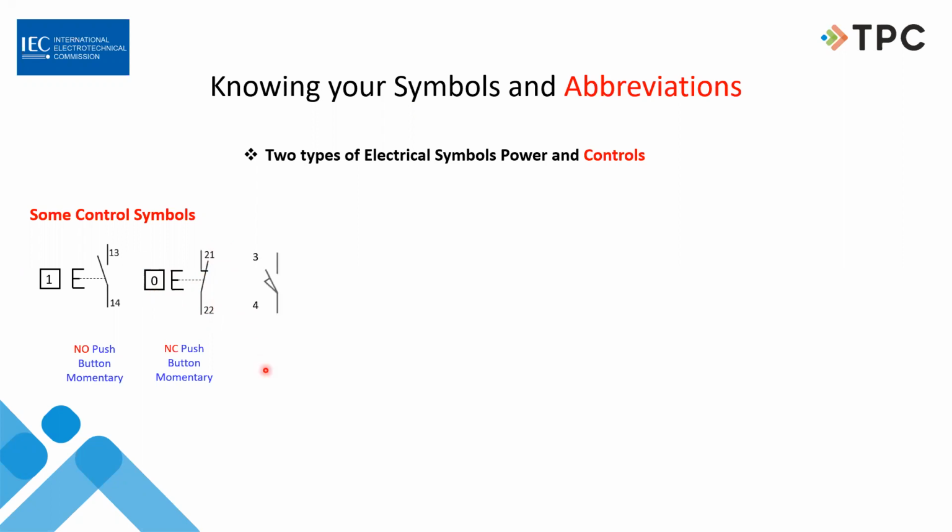And here is just a contact. Or excuse me, this is a limit switch. And I know it's a limit switch because of this little wedge that's on here. I know that something's going to push it closed. So I know it's normally open. And there's that 3 and 4. Remember we talked about 3 and 4 over here being open? Well, 3 and 4 mean this is normally open. Okay, normally open.